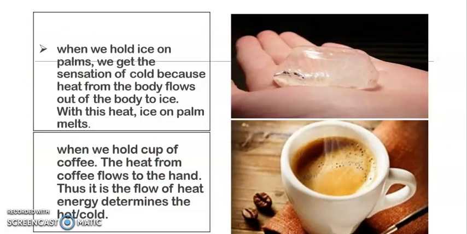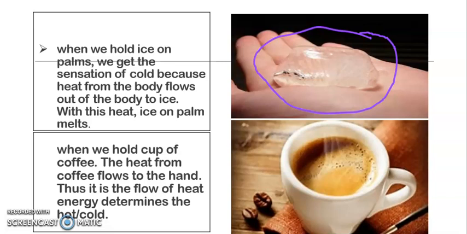Now let's consider another two experiments to get the concept of thermal energy flow or heat flow. First, consider ice held on the palm. You get the sensation of cold, is it? Why do you get the sensation of cold? Actually ice is very cold.